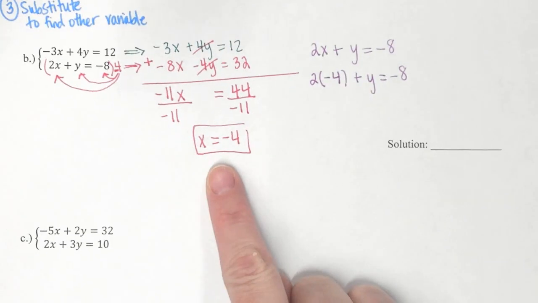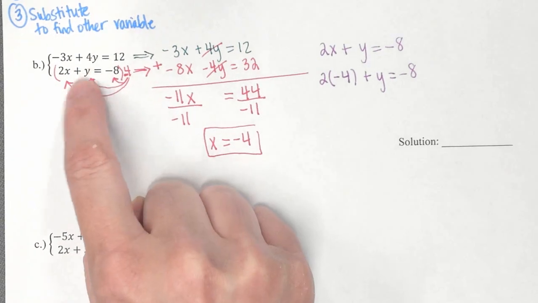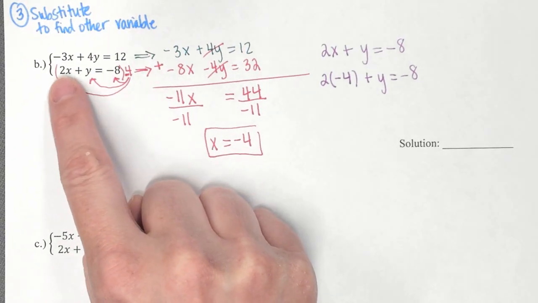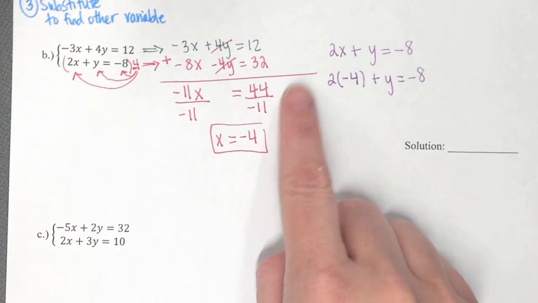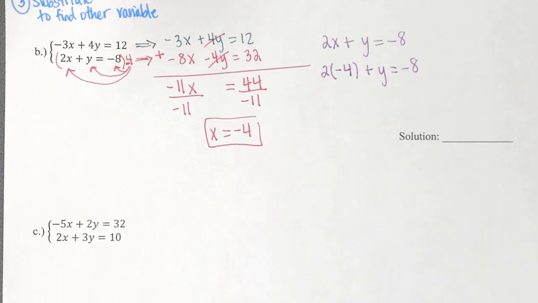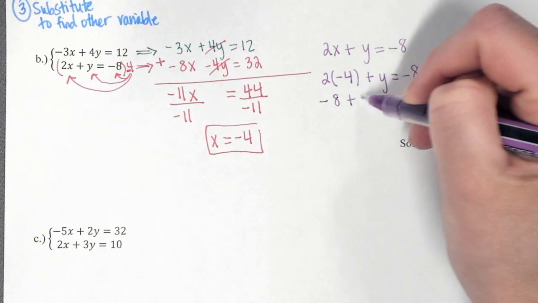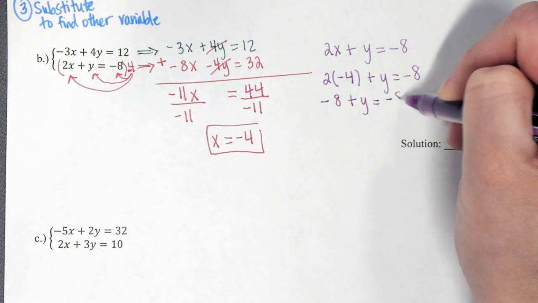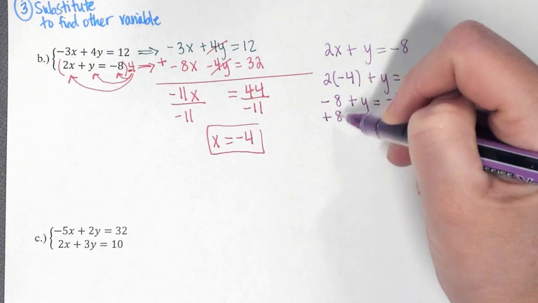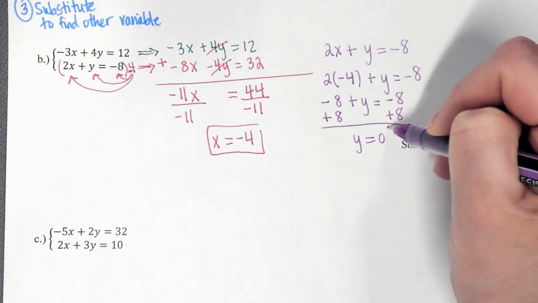If you were only able to get to the x, that's fine. And then you just have to plug it back into one of them. So if it's 2x, you're going to plug in the -4. What's 2 times -4? -8. So if you have -8 plus y equals -8, when you add 8 to -8, what do you get? 0.